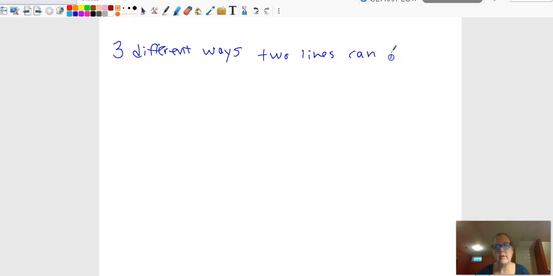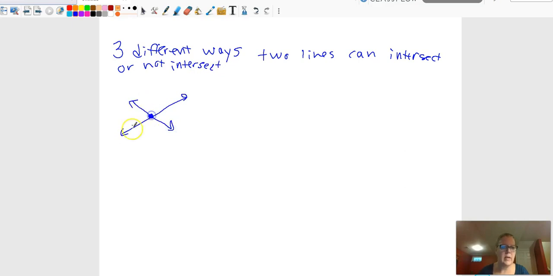3 different ways, 2 lines can either intersect or not intersect. So the first option is you've got 2 different lines and they're going to have one solution, so they intersect one time.